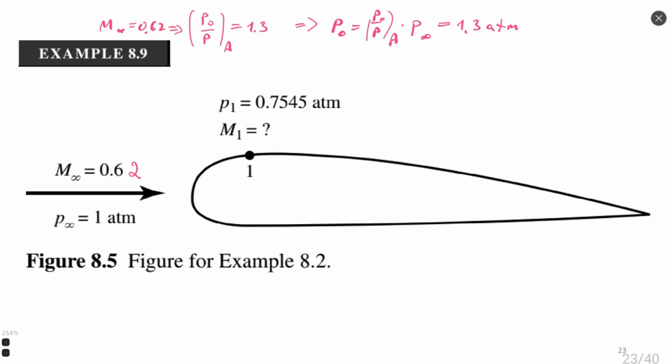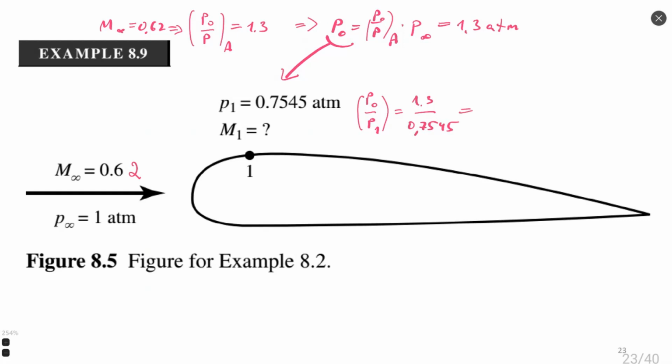We can use same reference stagnation pressure in point 1. I will write that my P0 by P1 will be equal to 1.3 divided by 0.7545.